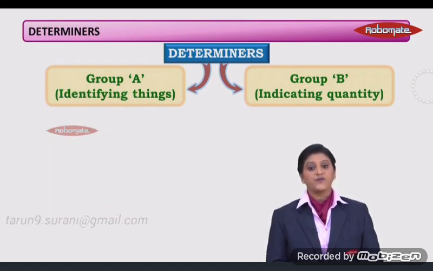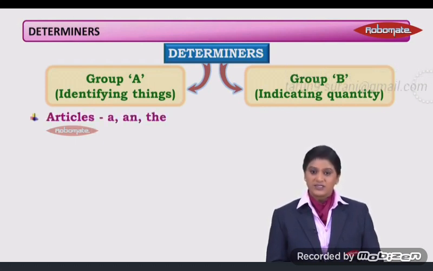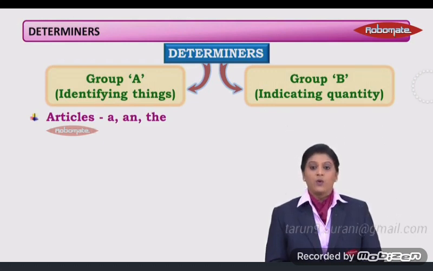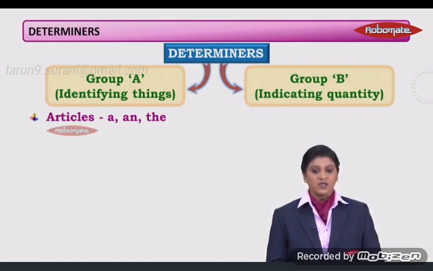Let us have a look at a few examples of Group A determiners. First of all, articles are determiners and they fall in Group A basically. What would that mean? When we use a and the, we are telling a lot about the noun. When I say call a doctor, I mean to say call one doctor.